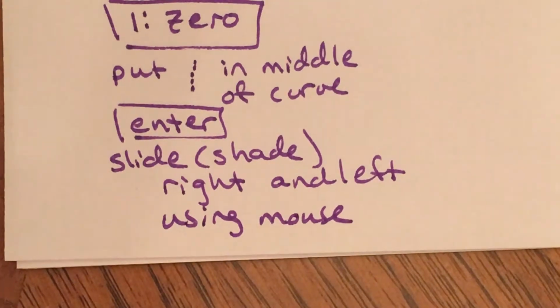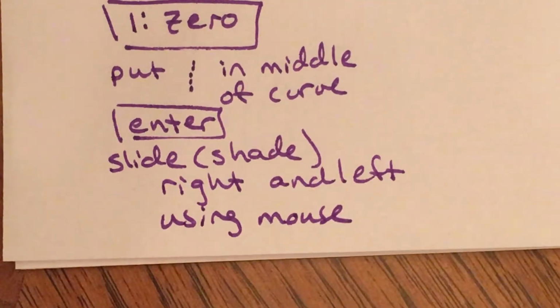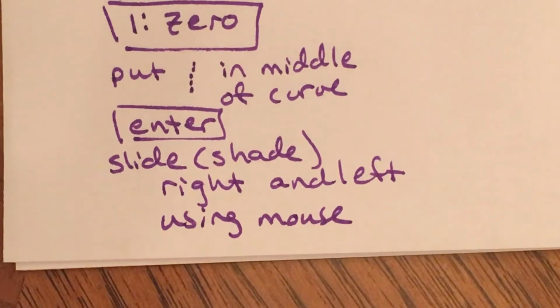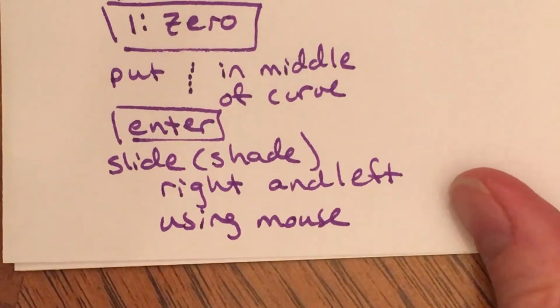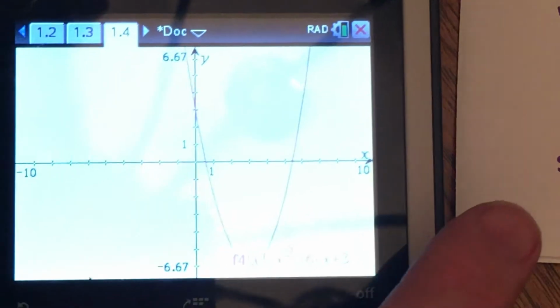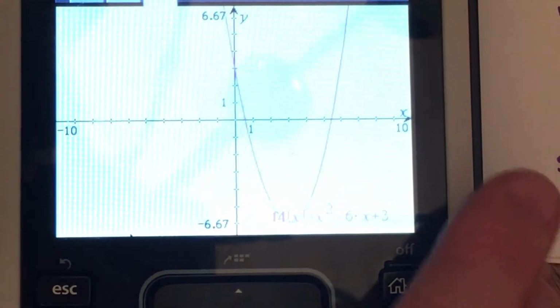Okay, so let's practice this. Let's see how to do this. So I'm going to have to put the calculator on the screen, and you're going to have your instructions right beside your paper as we do this together. All right.